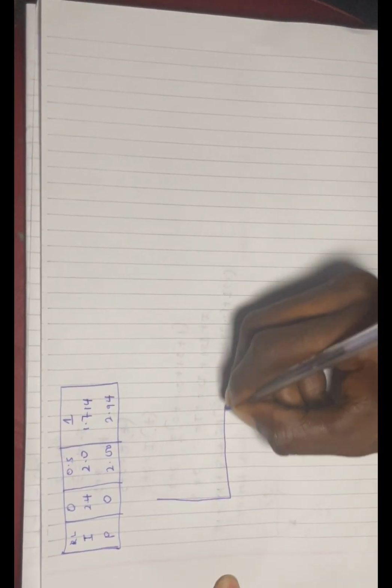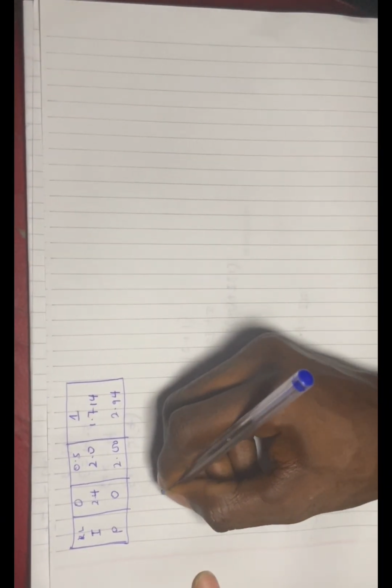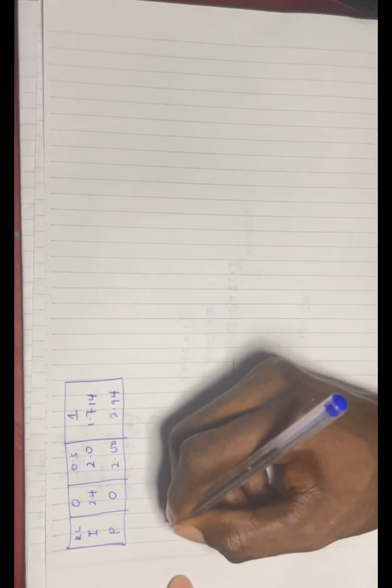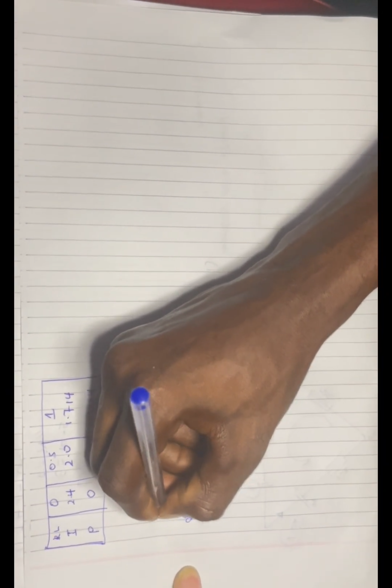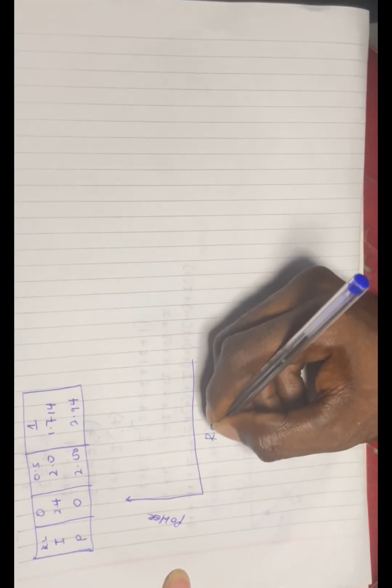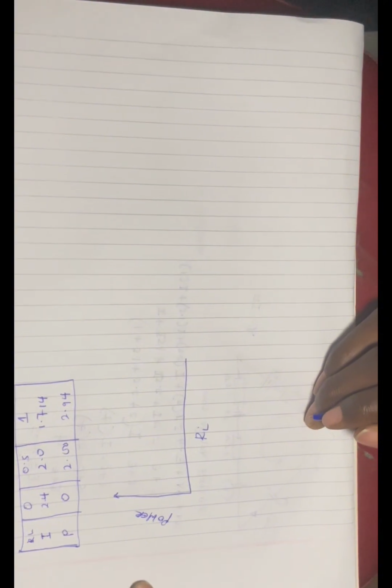In the question, they told us to plot a graph. In plotting the graph, it is P against RL. So this is how I'm going to plot your graph: P, that's the power, and your load resistance, that's your RL.